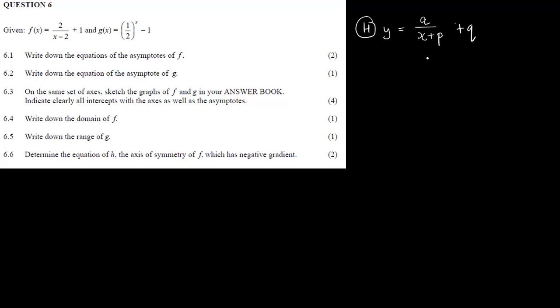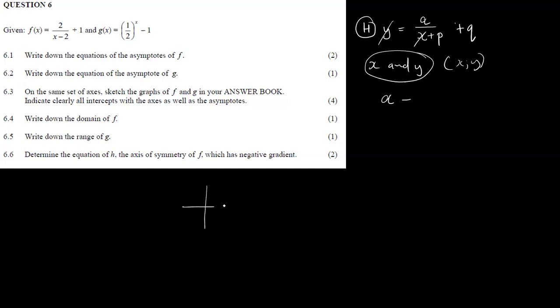So now you need to know the importance of the variables that we see over here. x and y, we know we use them for the coordinate system, so coordinates x and y. And then when we talk about a, it determines the shape of the graph. It determines where we're going to draw the arms of the hyperbolic function.